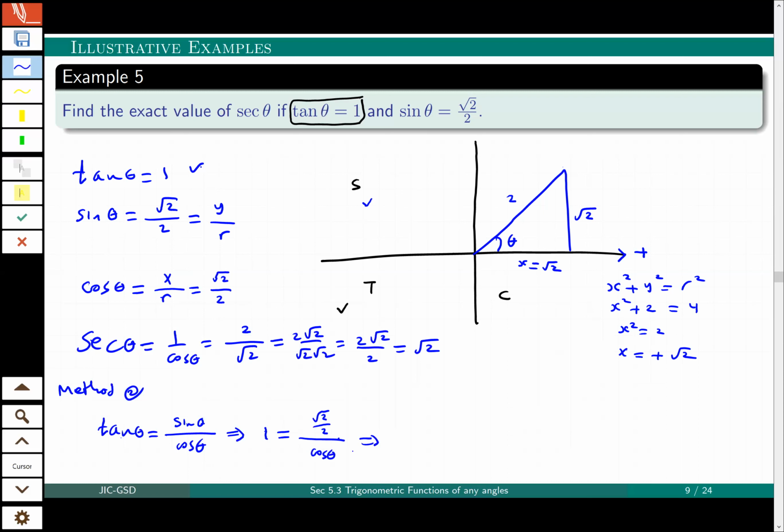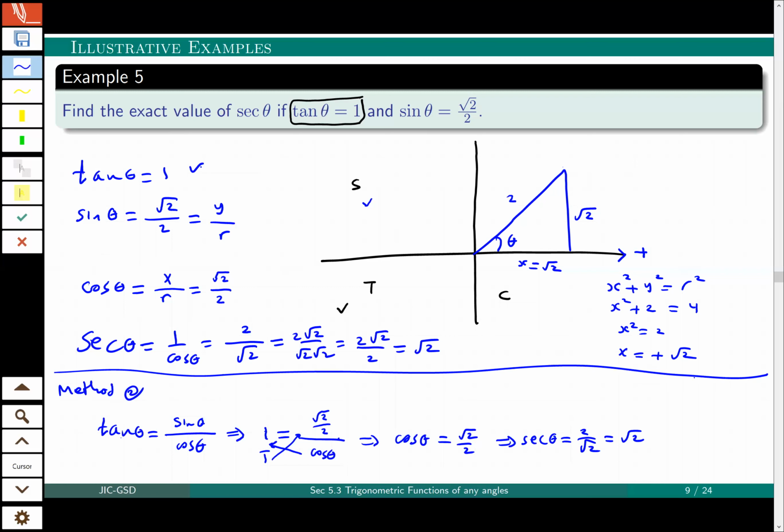So that will mean I could say cosine theta is equal to root 2 over 2 by cross product. That will mean secant theta is 2 over root 2, which is equal to root 2. Either method is okay to solve this question.